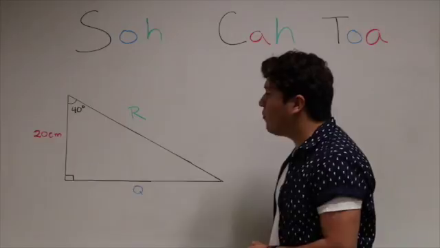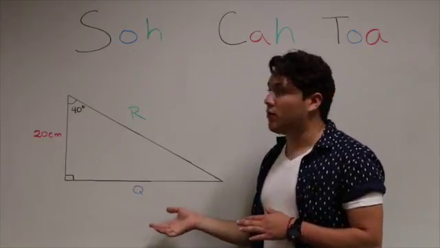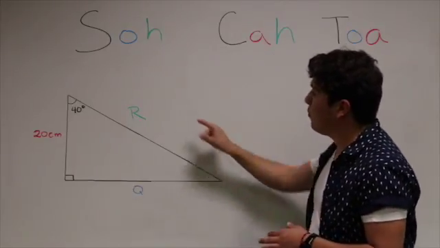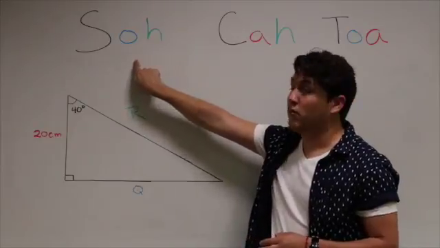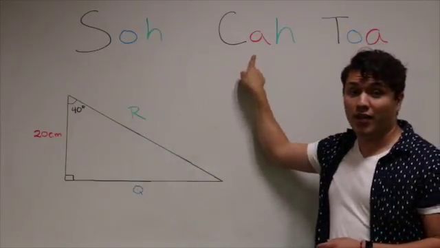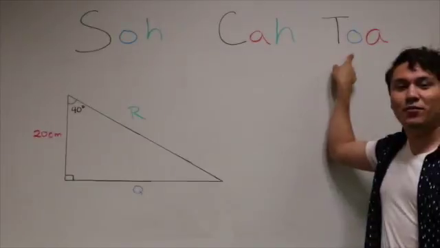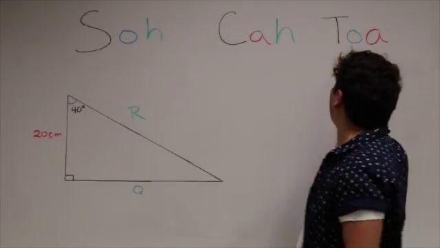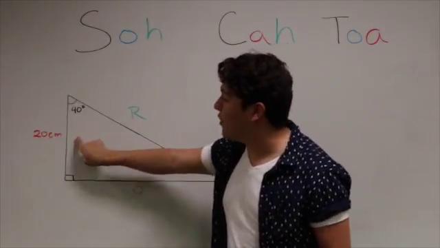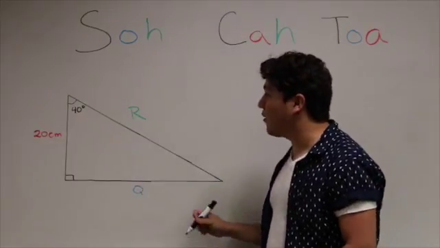Alright, so now what equation would we use? Well, we wouldn't use sine. We wouldn't use cosine. Oh, then we would use tangent, because it takes the opposite over the adjacent. Now let's take a look at that.